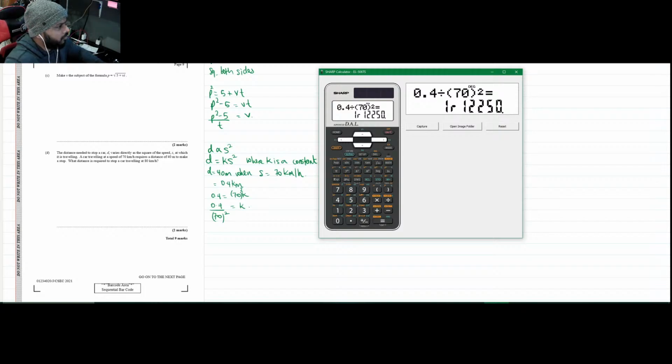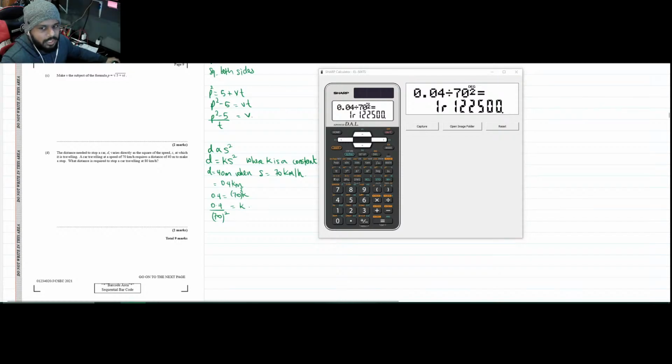Still, that's a big fraction. Let me just check.